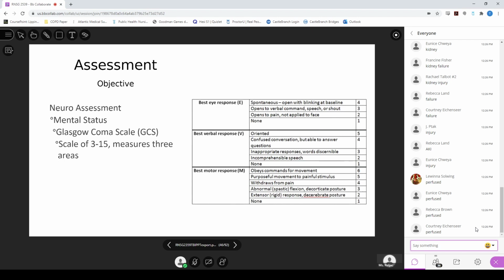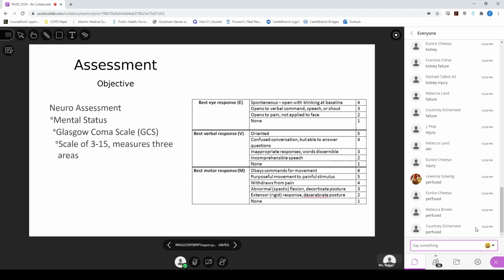Your neuro assessment is that Glasgow assessment we talked about. The scale is 3 to 15. It's commonly used and it is very well known. So you have your eye, you have the verbal, and you have your motor response. You rate the motor score on the best limb. Usually, in all the questions and situations I've seen, they don't tell you a motor score of 6 on the right arm and 2 on the left arm.